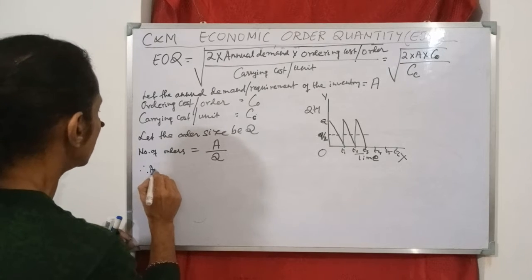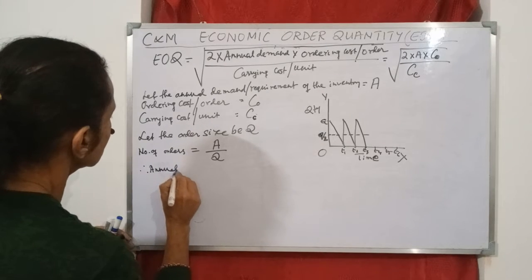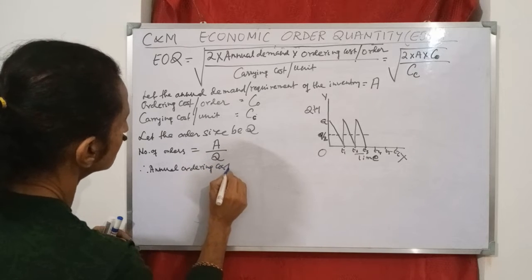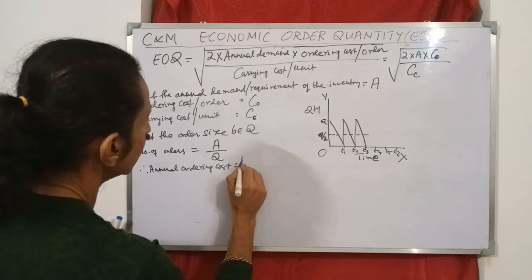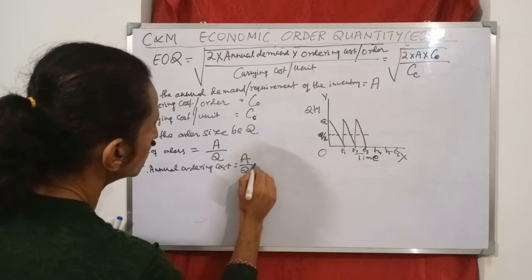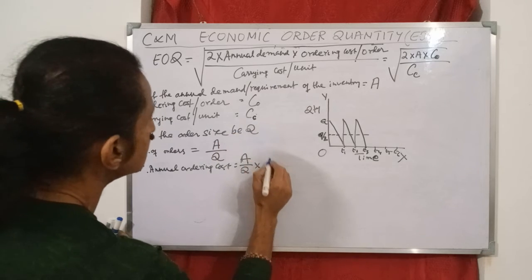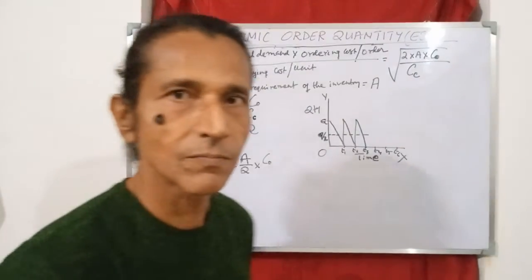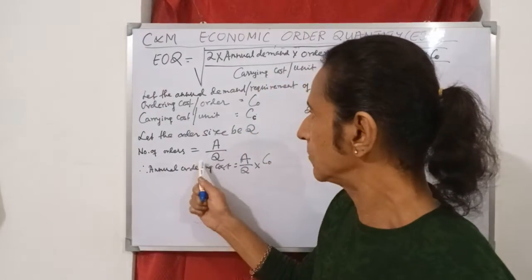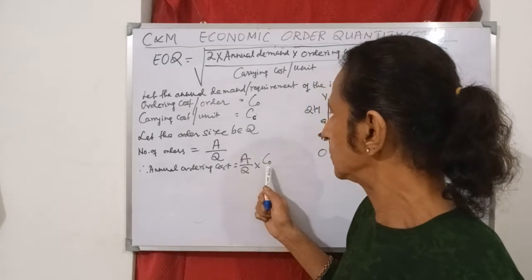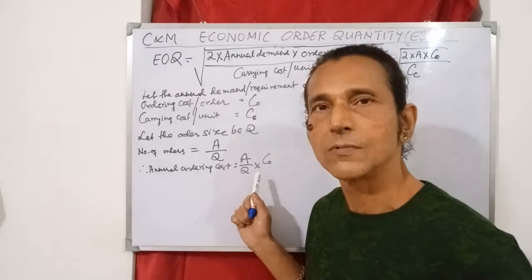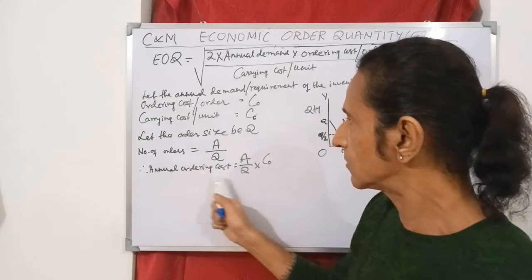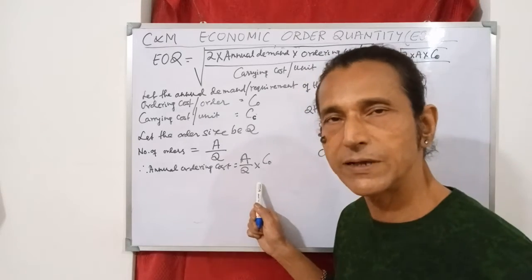Therefore, annual ordering cost is equal to A divided by Q multiplied by C sub O. Right?